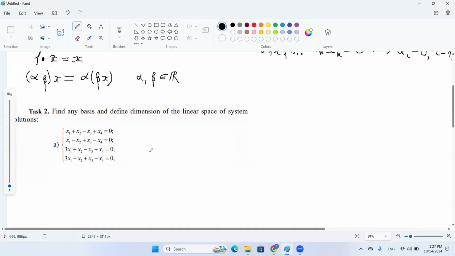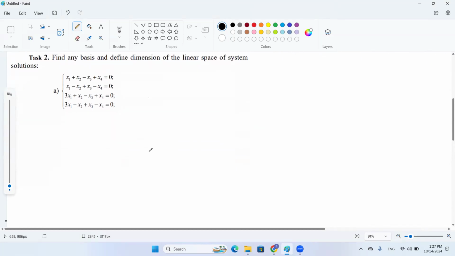Okay, Daniel? By the Gaussian elimination method, we need to get an upper triangular matrix. Well, yeah, first of all, we need to solve the system, but what else?